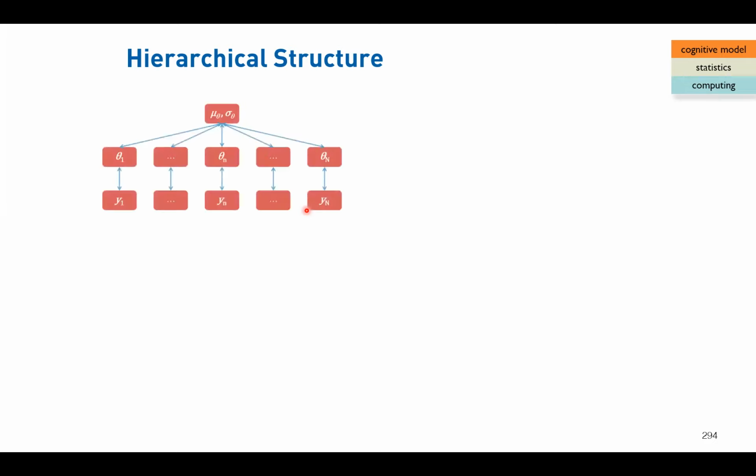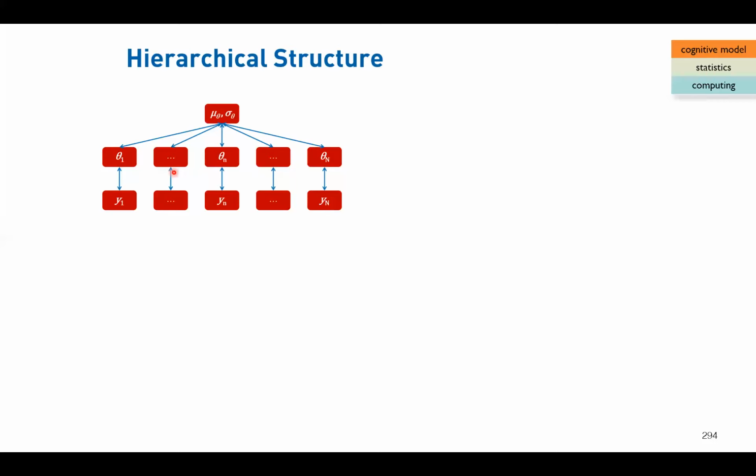The hierarchical model, in essence, as the name suggests, has a hierarchical structure. So what does this structure look like? This structure assumes that on top of all of the individuals, in this case many participants, there is a common population structure behind it.